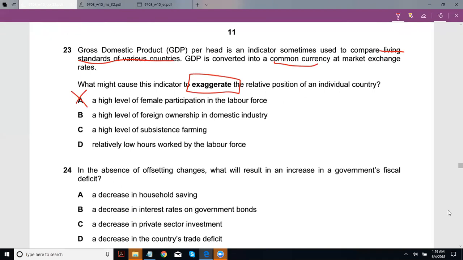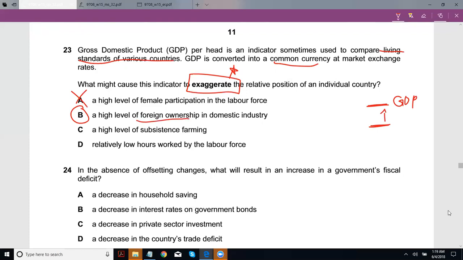A high level of foreign ownership in domestic industry, and I believe that would cause it to exaggerate. To exaggerate is basically to overstate, so let's say your level was this, and this is the level that your GDP is said to be. So it's exaggerated. It's not actually that high.